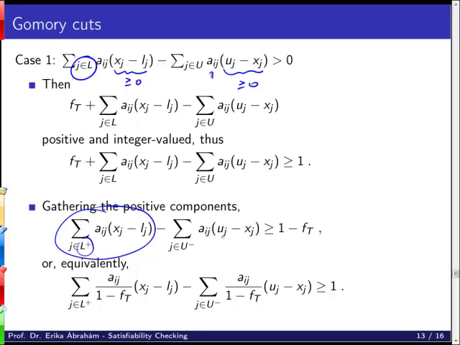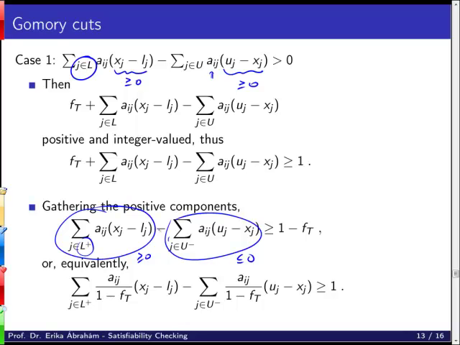If I have upper bound minus the value, this term is larger or equal to 0, and if I have negative coefficients, then I know that this sum here will be less or equal to 0. And if I take it minus, then I know that the sum is positive. So I collect the positive components. The other two components are negative.